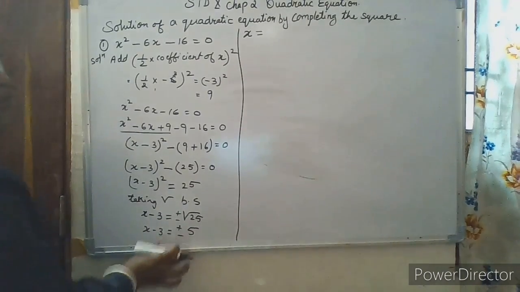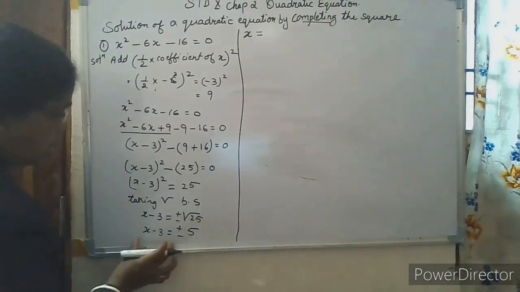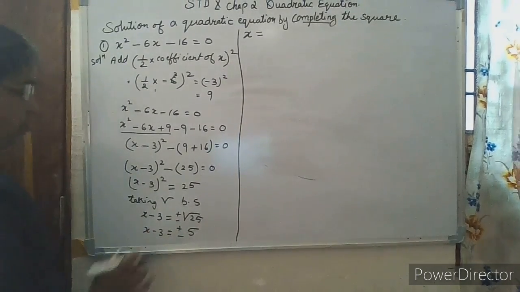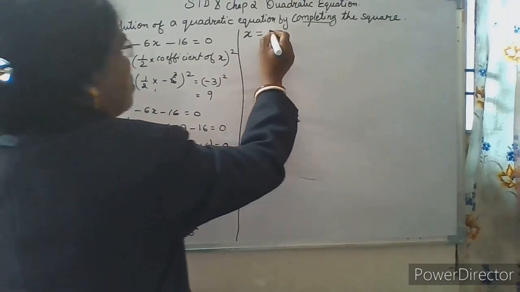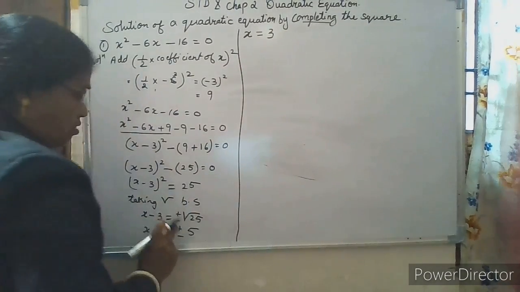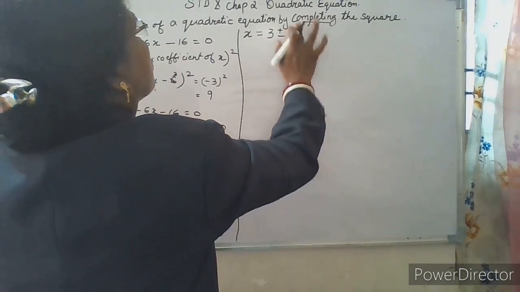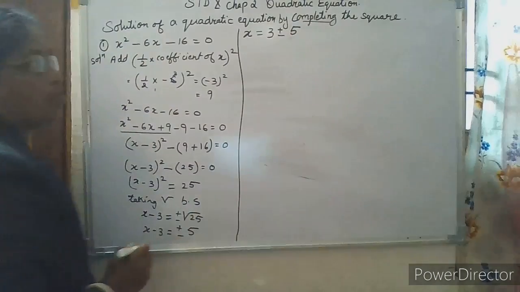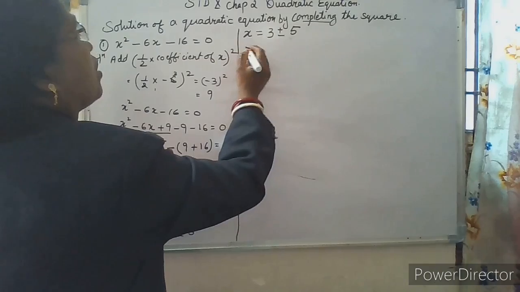But particularly in this completing the square method, this 3 should be written before. When it goes to that side, minus 3 becomes plus 3. First write this, then write plus or minus 5. So x is equal to 3 plus or minus 5.